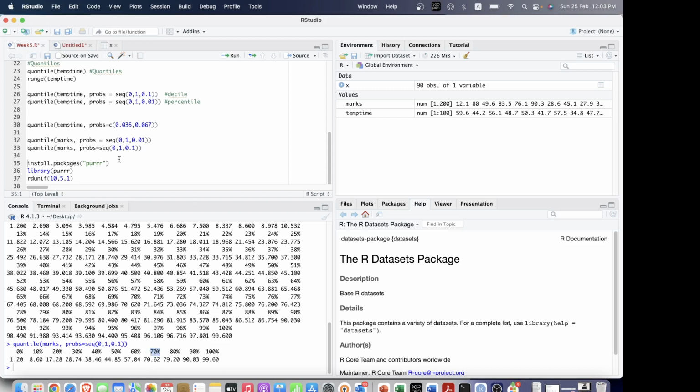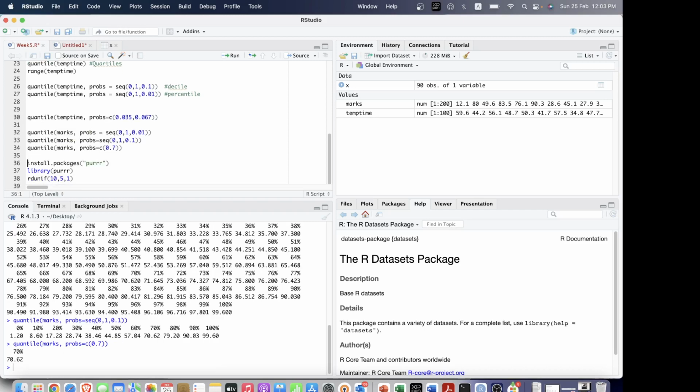If somebody had told me to find out the 57th percentile, then I would have to go here. Anyway, if I just don't write anything and just put probs equal to, let's say, 0.7, I'm going to get the same thing. It's just for the ease of representation I wrote it.